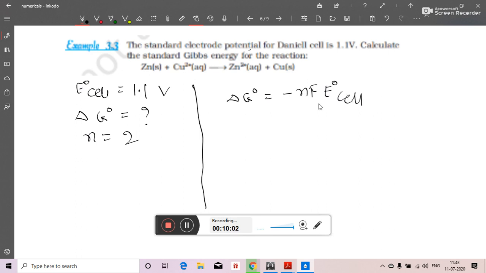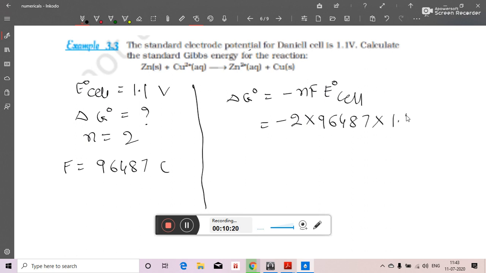Now 1 Faraday is equal to 96487 coulomb. Okay, so that is equal to minus 2 into F is 96487 and E naught cell is 1.1 volt.